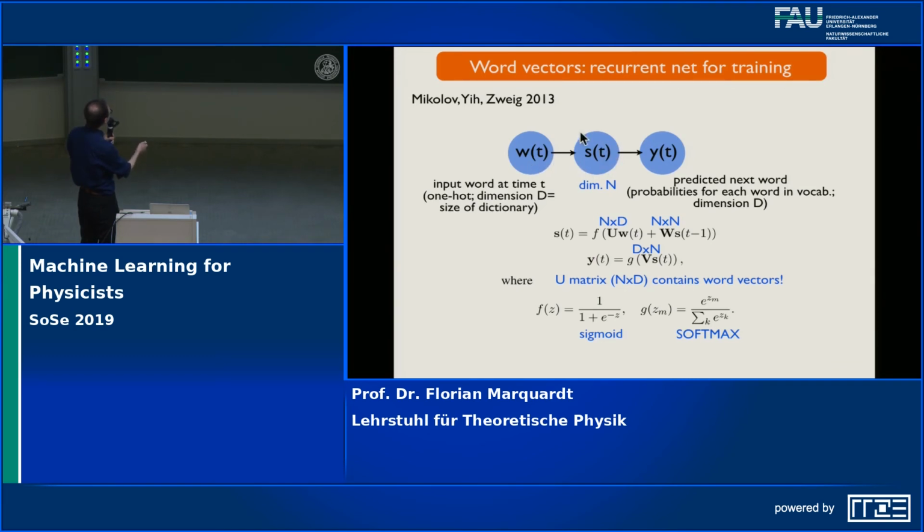Take the word, try to map it to some internal representation that is of smaller size and represents these word vectors, and try to predict from this representation the next word that will come in the text. It's a little bit similar to what we did letter by letter, but now it would be word by word.